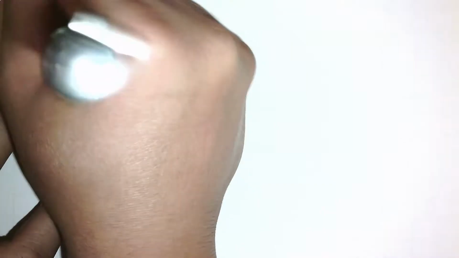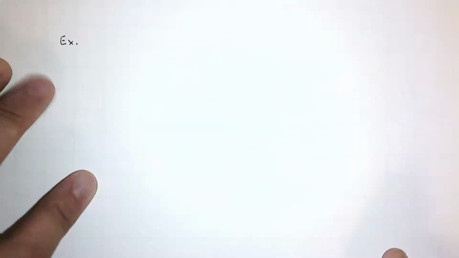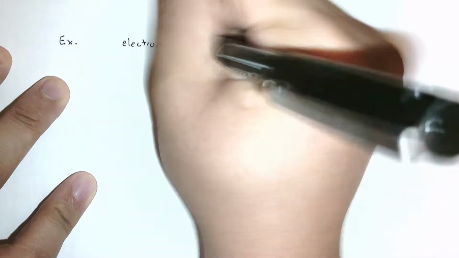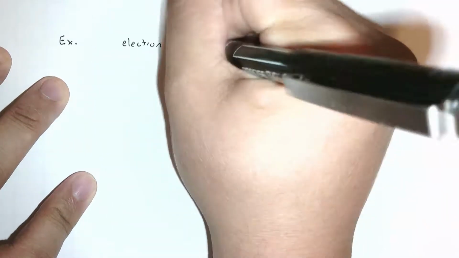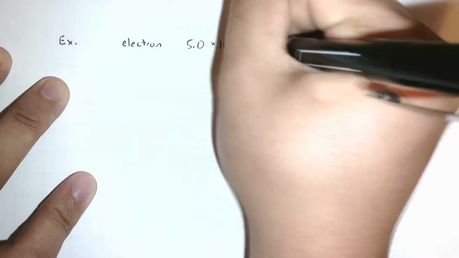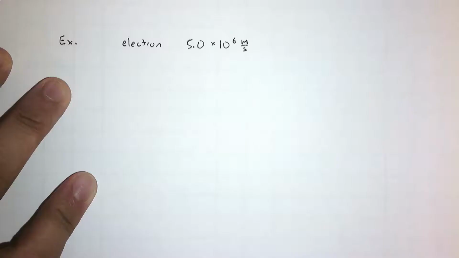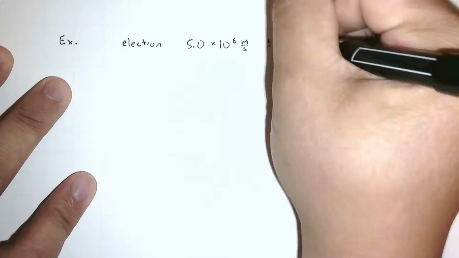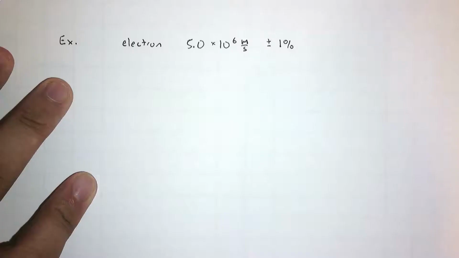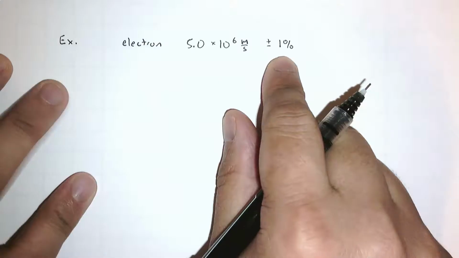This is the example I want to try. We have an electron, and the speed we'll put as 5.0 times 10 to the 6 meters per second. But we also have an uncertainty for that speed. And we're going to first format it as a percentage, plus or minus 1%.